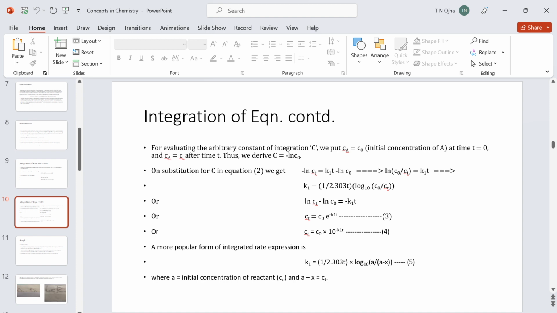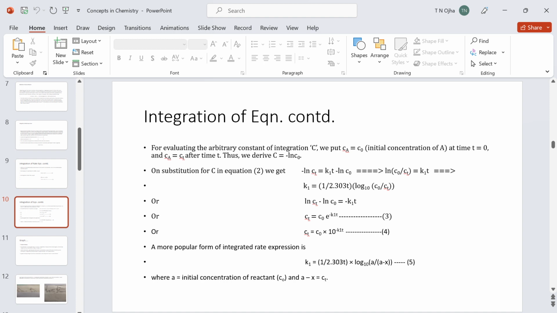What we have done is put t equal to 0 in equation 2 and CA equal to C0. Similarly, by putting these values and substitution for C, we get the value of C as minus ln C0.